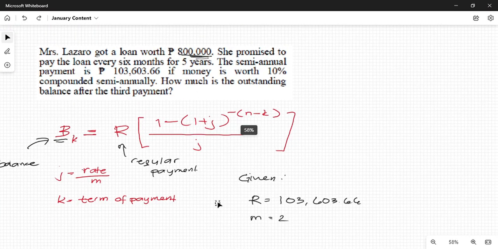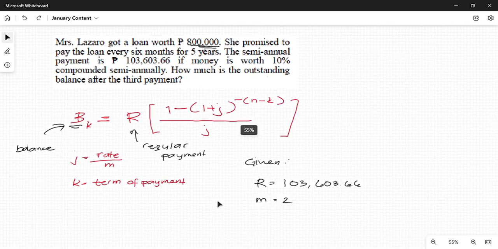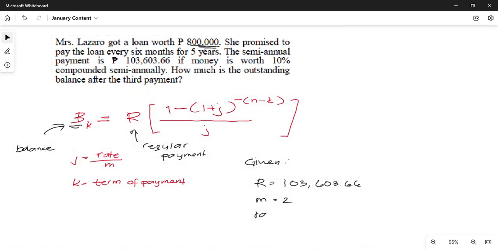Now let's go back. The rate here is 10% or 0.10. So the J here is 0.10 over 2, which is 0.05.